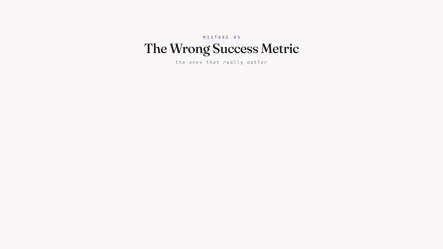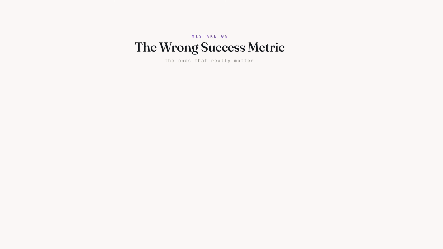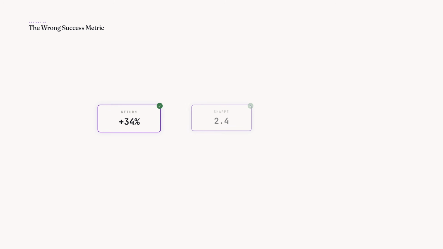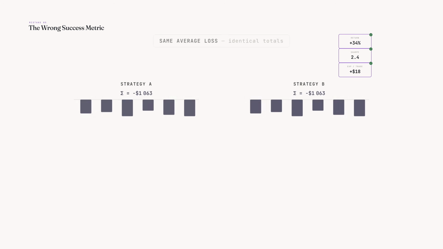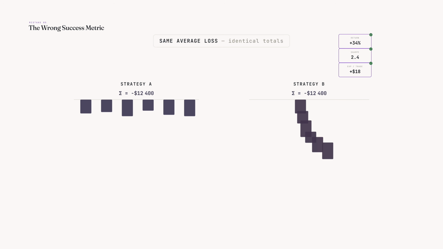Mistake 5. And now we're getting to the ones that really matter. You're optimizing for the wrong number. Ranking strategies by return, or by Sharpe, or by expectancy per trade: all averages. And averages hide the only thing that decides survival: drawdown, and how your losses cluster. 2 strategies can have the same average loss, but if one takes its losses spread out, and the other takes them all on the same afternoon, those are not the same strategy.